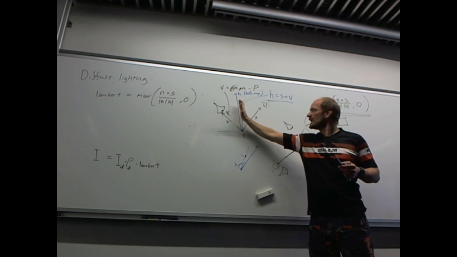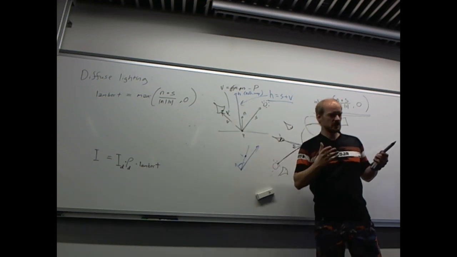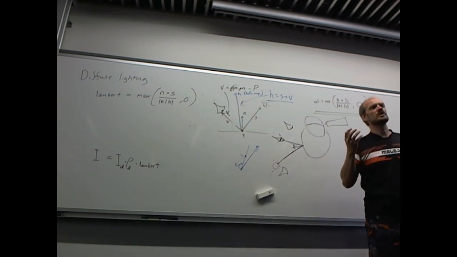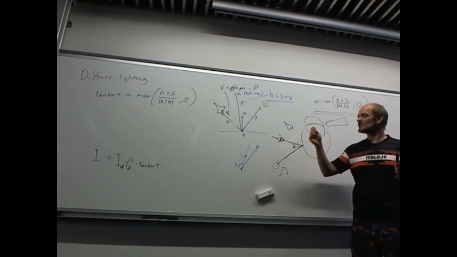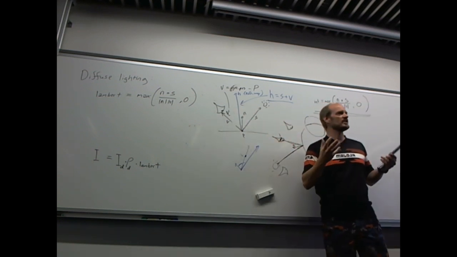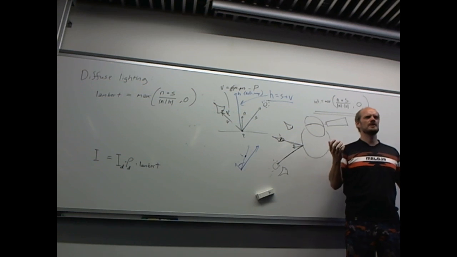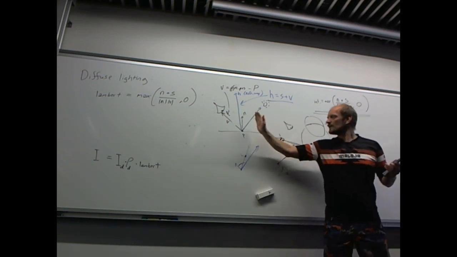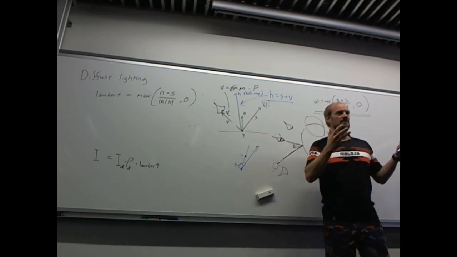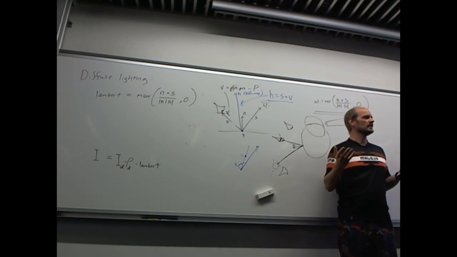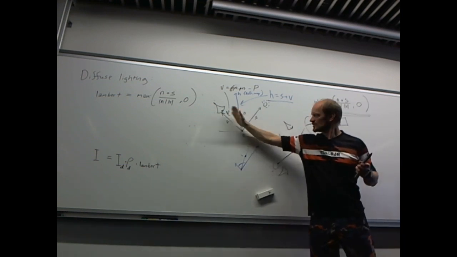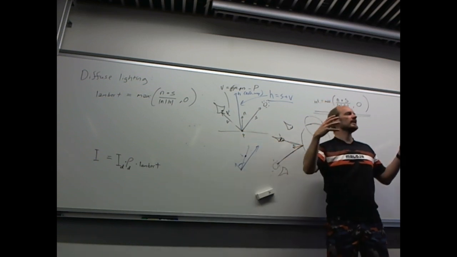And I have the vector h, which is this approximation of the facing of the surface that would give me full intensity. Does that make sense? So if n lines up with h, then I should probably get full intensity. However, if h is kind of 90 degrees off from n, I should probably get no intensity.